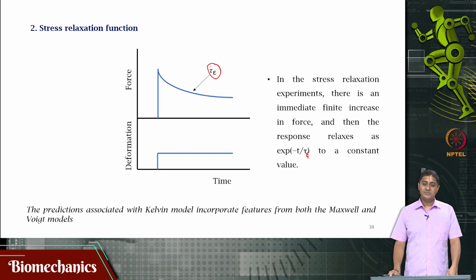So, that means Kelvin model addresses some of the limitations of the Maxwell and Voigt models, and it incorporates features from both. For example, it avoids the non-physical direct delta function found in one of these responses, is it not? Please check that.